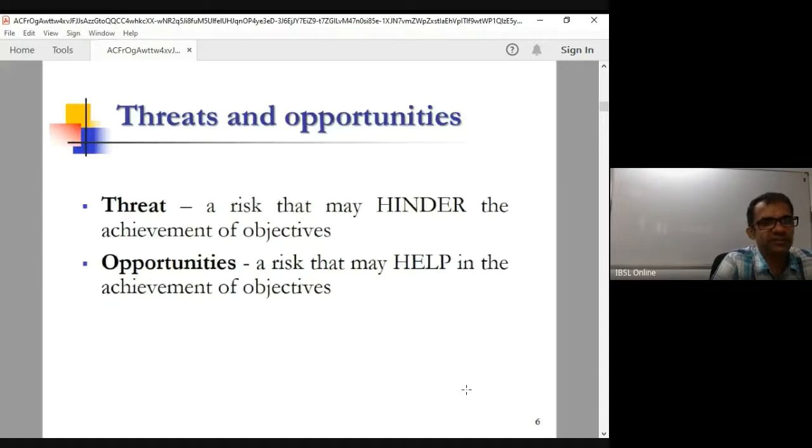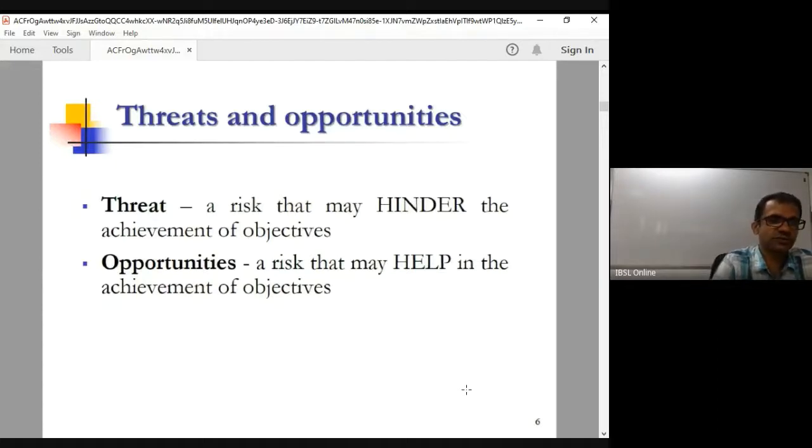What would happen if interest rates increase? As a prospective lender, that means you have not already lent but you are about to lend, an increase in interest rates is an opportunity. Why? You can lend at a higher rate. But as a borrower, it's a threat.